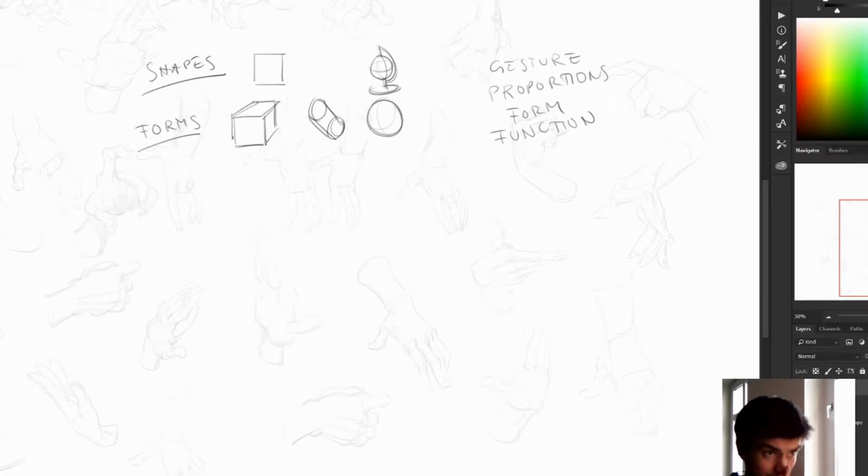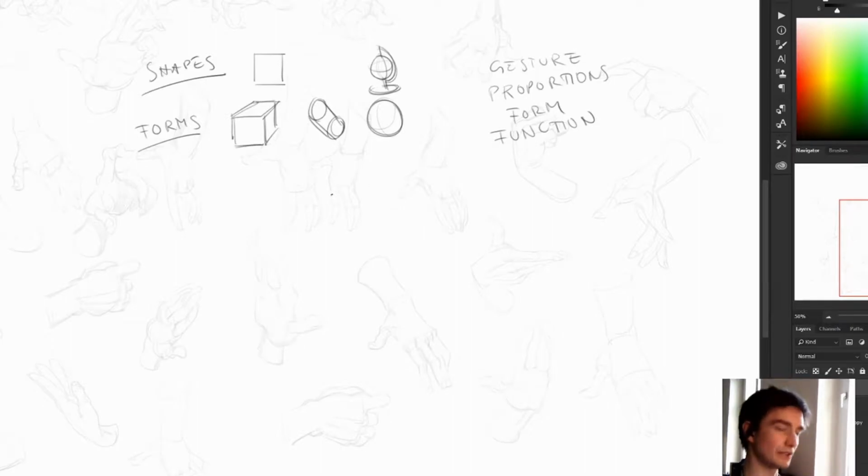Let's talk about hand proportions, for example, or let's take a different example and then apply that to hands, because the cool thing about using a process like this when you want to study is that you can apply it to different criteria, different disciplines. So you have proportions.